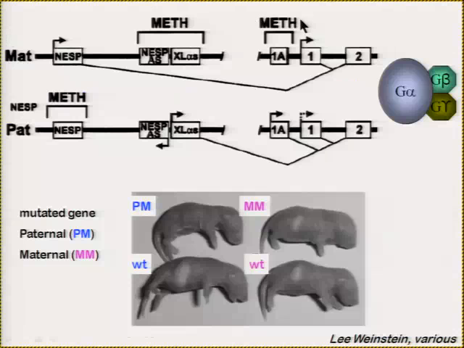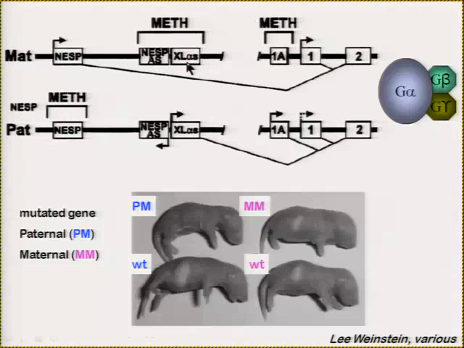So this is the GNAS locus, and the GNAS locus has 3 genes on it. It has NESP, XLAS, and G sub alpha, which this particular figure from Lee Weinstein is only showing exon 1 and 2. Now, the maternal and paternal alleles for this locus are completely differently imprinted. The paternal NESP is silent.